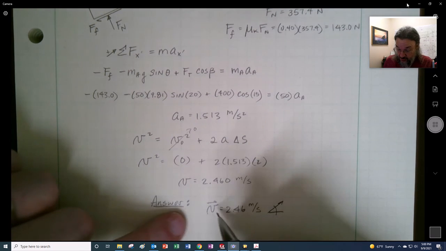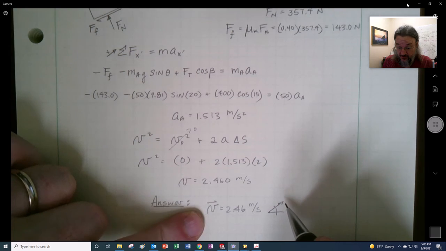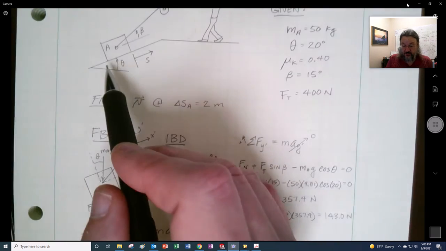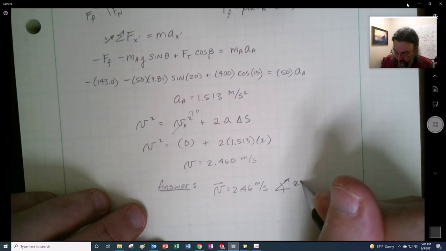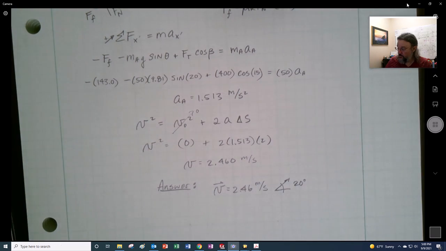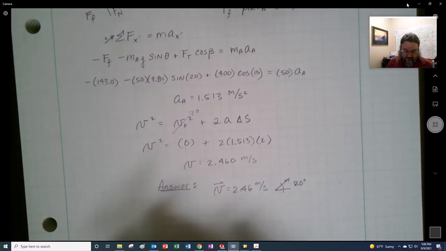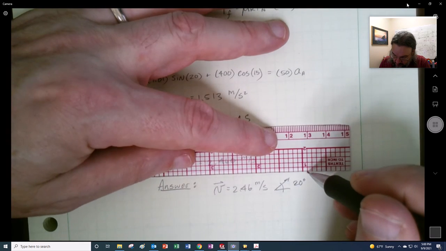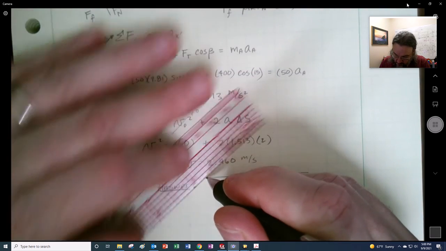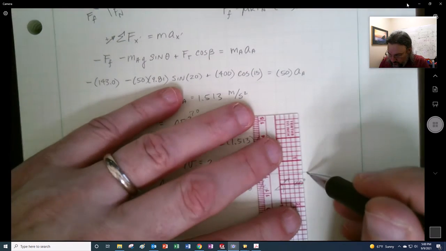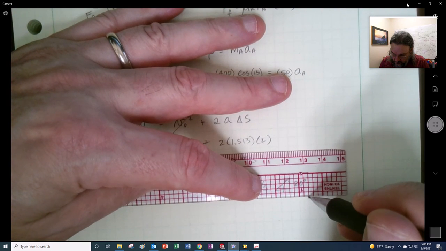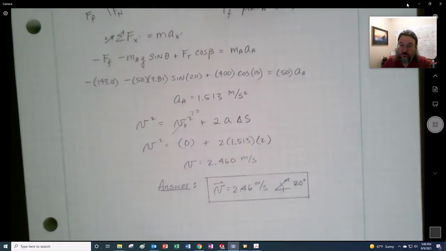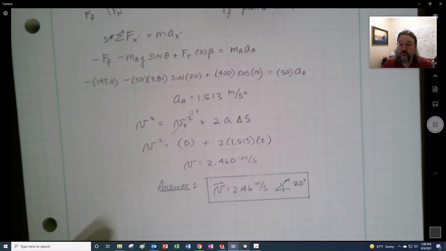So it's got to have a direction. It's got to have a hat on it. And what's the direction? Well, it's going to be going that 20 degrees up there. Let me box it. Voila. Problem done.